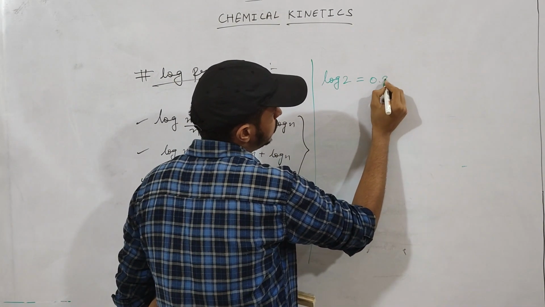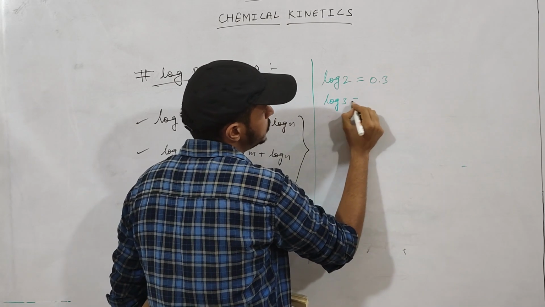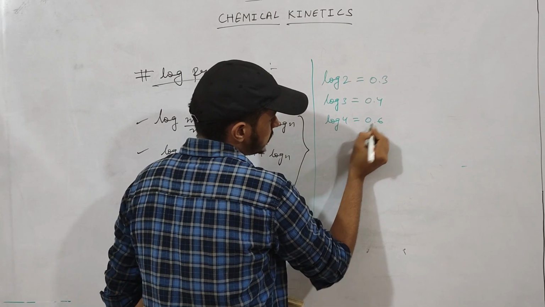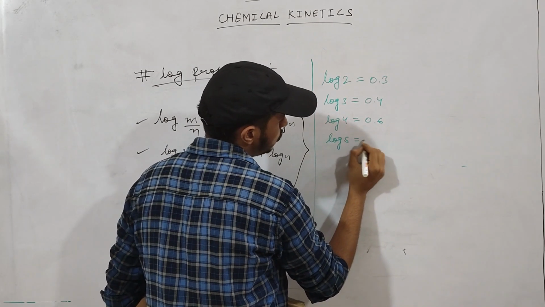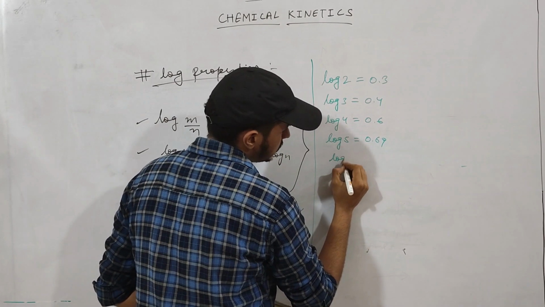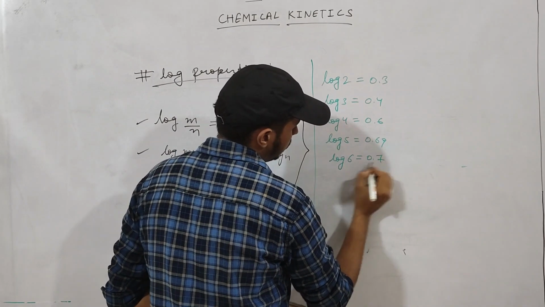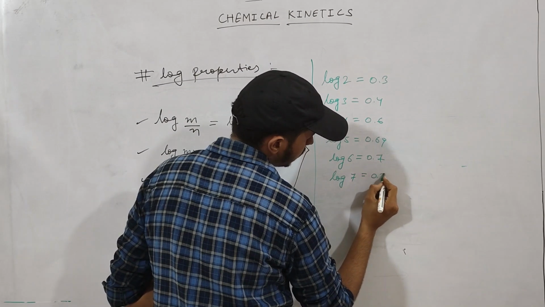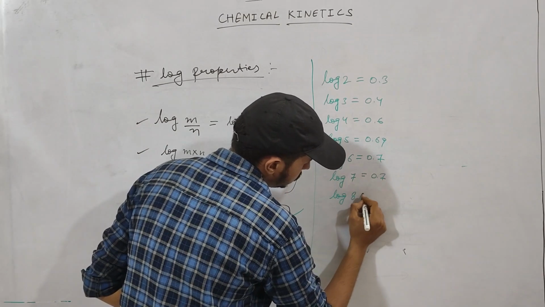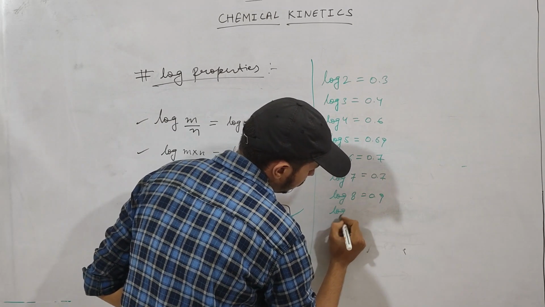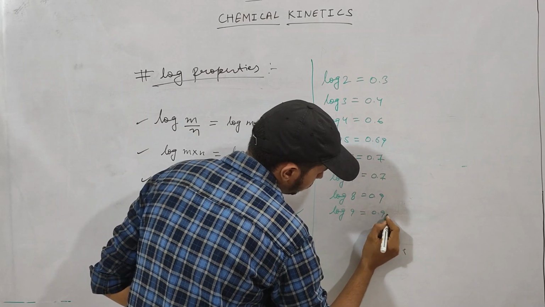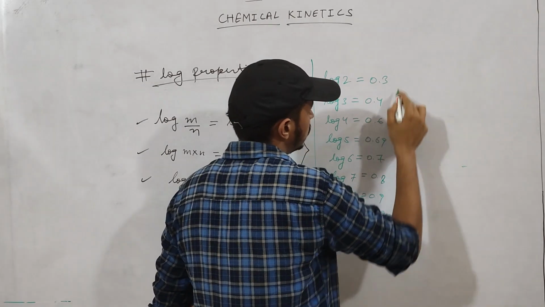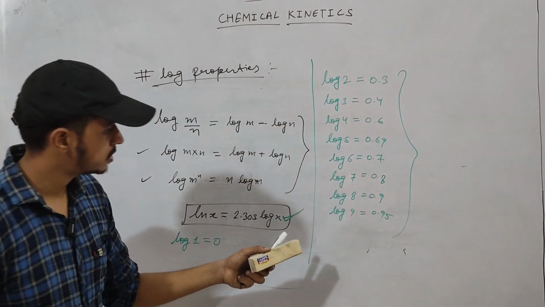Log 2 value will be 0.3, log 3 value will be 0.4, log 4 value will be 0.6, log 5 value will be 0.69, log 6 value will be 0.7, log 7 value will be 0.7, log 8 value will be 0.9, and log 9 value will be 0.95. So these are the log values which you have to learn in a proper way. These will be used too much in the derivations.